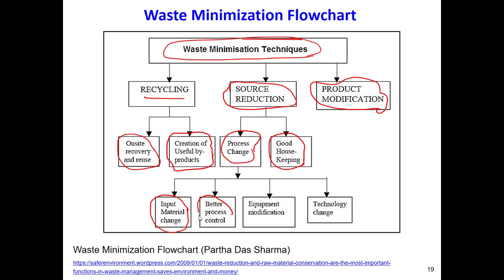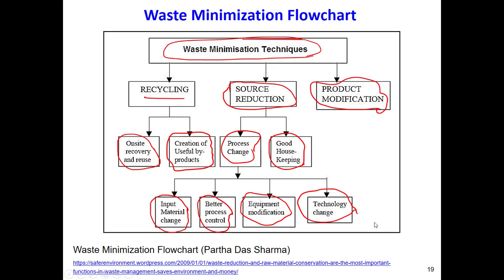Better process control, if we can control the processes more accurately, more precisely, so this will also lead to a better product quality, less waste, less pollution emission. Equipment modification, we can change the design of the equipment, and this will be also connected to the better control and process control. And technology change, sometimes we can also change the technology.